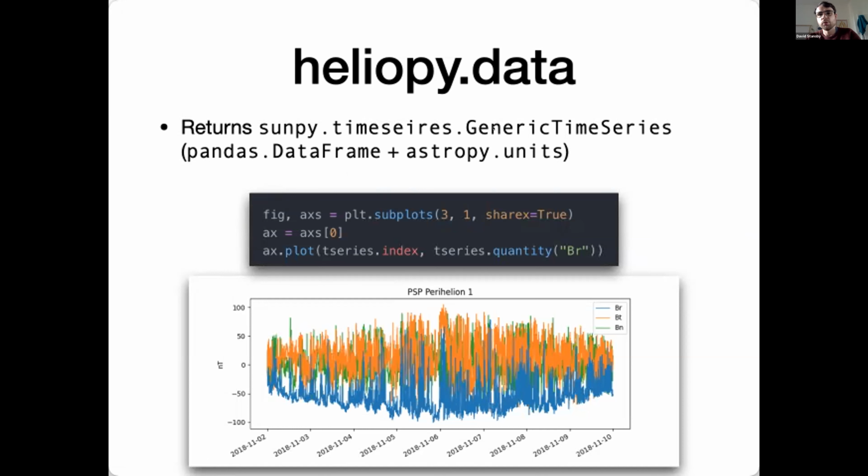So we get all the benefits of Pandas and its advanced time series manipulation, but we also get units. If I plot an example time series from Parker Solar Probe, the BR quantity, the radial magnetic field, the units of nanotesla are automatically recognized and appear on the plot. That's how the data module works.